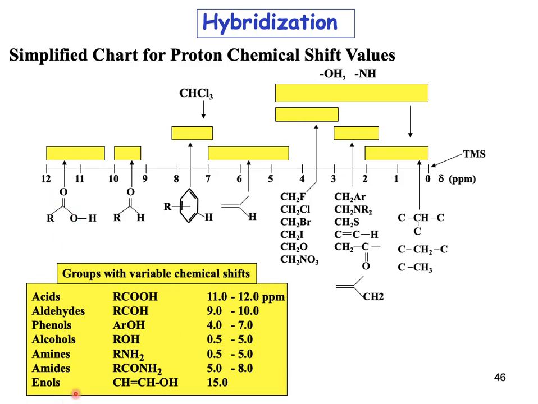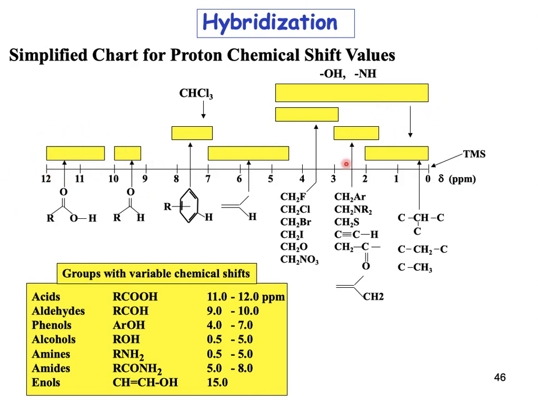So this is a comparison between different groups which have different hybridization. In the case of acidic protons, such as aldehydic, phenolic, alcohol, amino, amide group, and enols, they have different chemical shifts, right? So you just have to remember the concept that an electron withdrawal group will come at de-shielded region, high frequency region.